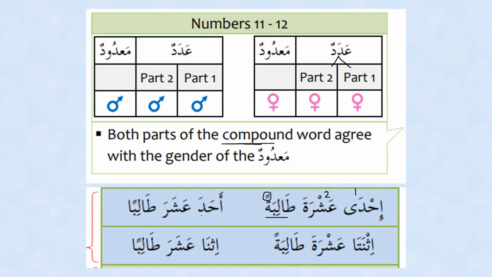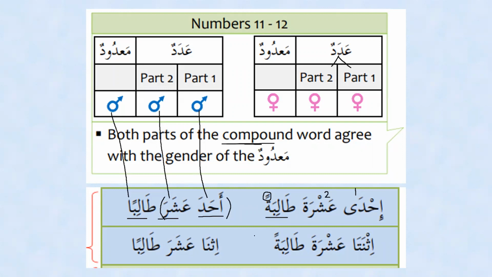And when you talk about the masculine, we will say ahada ashara taliban. So ahada is used for masculine, ashara is used for masculine, and taliban is also masculine. So we can see that the adad here is ahada ashara, a compound combination of 2, and both of them are masculine. Similarly, the ma'dud is also masculine, singular and mansub.